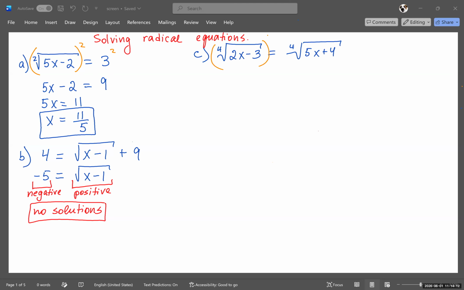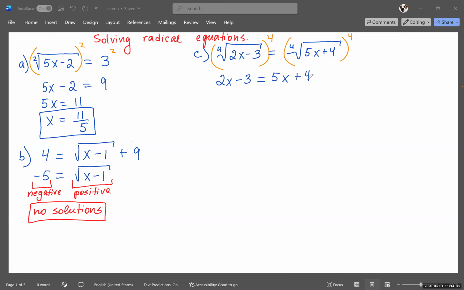There's nothing else attached to these radicals, so you can go ahead and put both sides to the 4th power. That means the radical on the left-hand side to the 4th power and the radical on the right-hand side to the 4th power. Essentially, they cancel each other out. And what you will have is 2x minus 3 equals 5x plus 4.